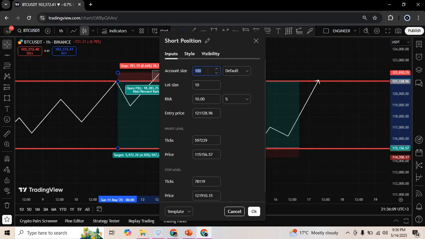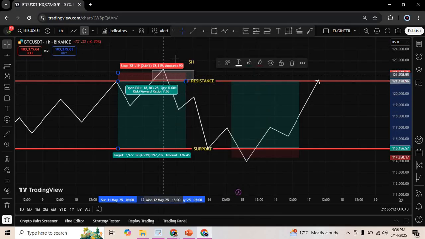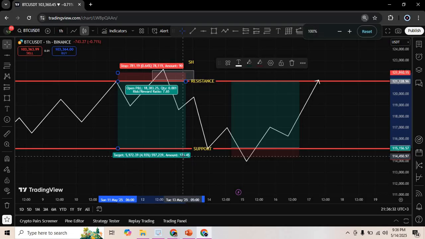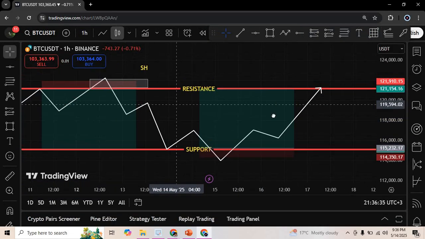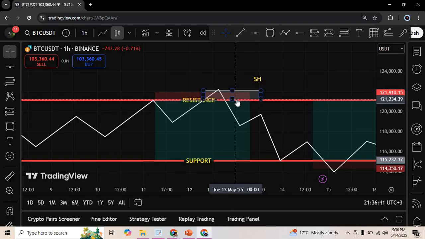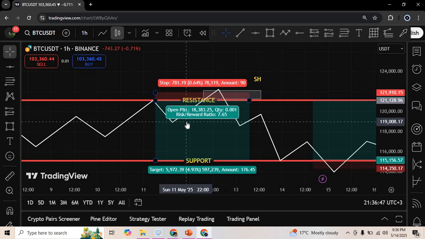So let me give an example right here. Let's say your account size is $100. If you look at this part right here, can you see the amount? The amount here at the top is 90, right? And the amount at the bottom, let me zoom for you, is 176.45.